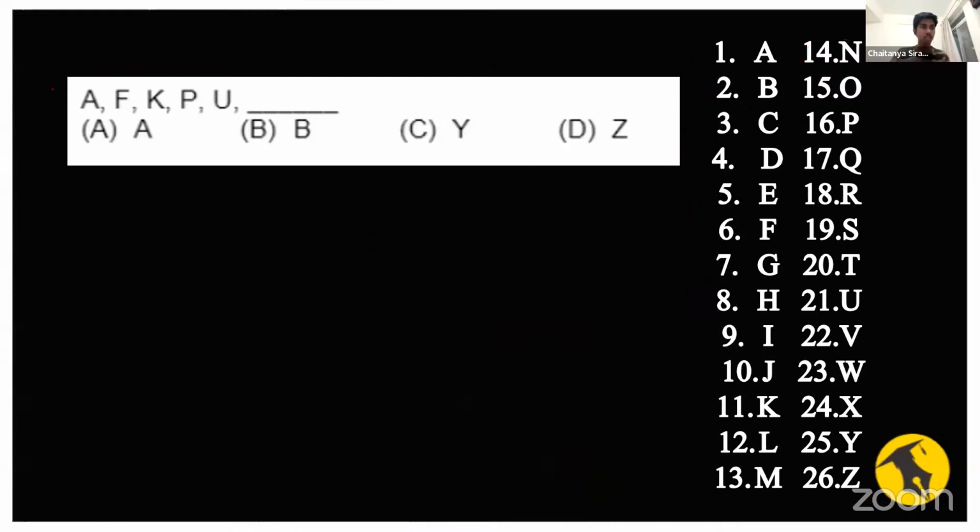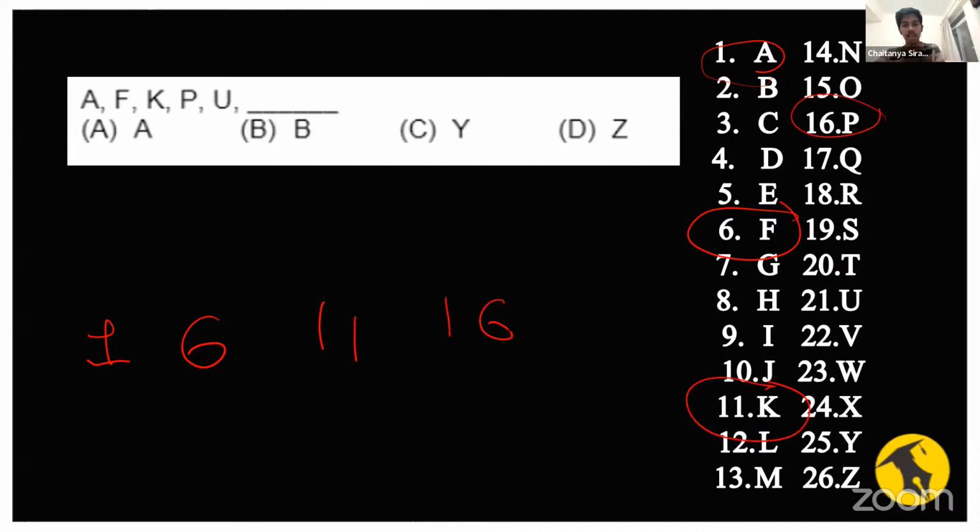This is the first question for the day, a fairly easy one. A, F, K, P, U. So what's A? A is 1. I'll highlight it here so that it's easy for you as well. F is 6, K is 11, P is 16, U is 21.